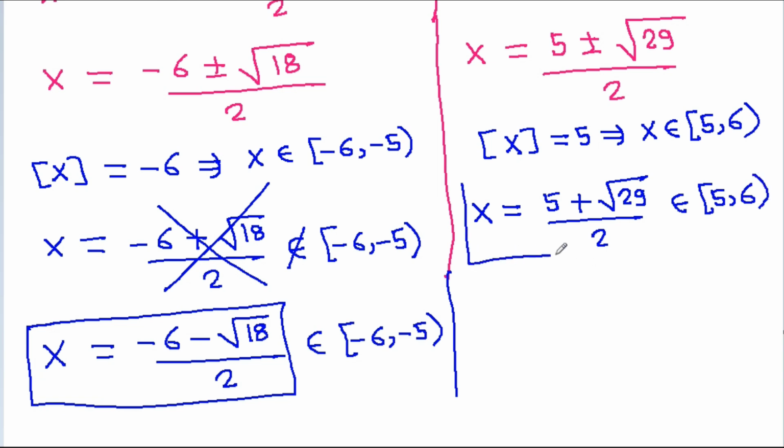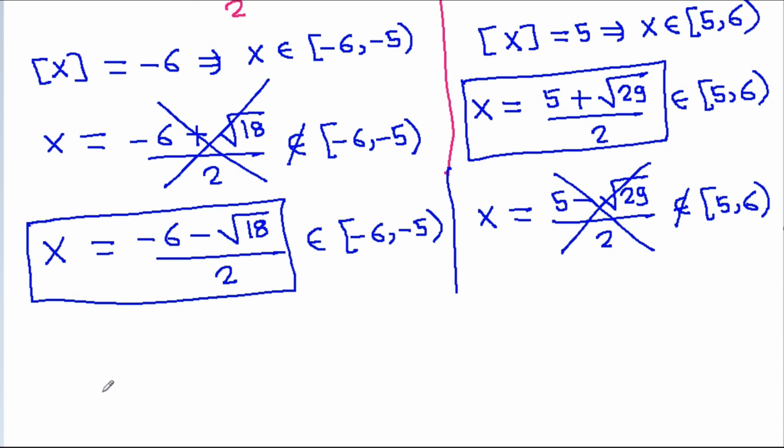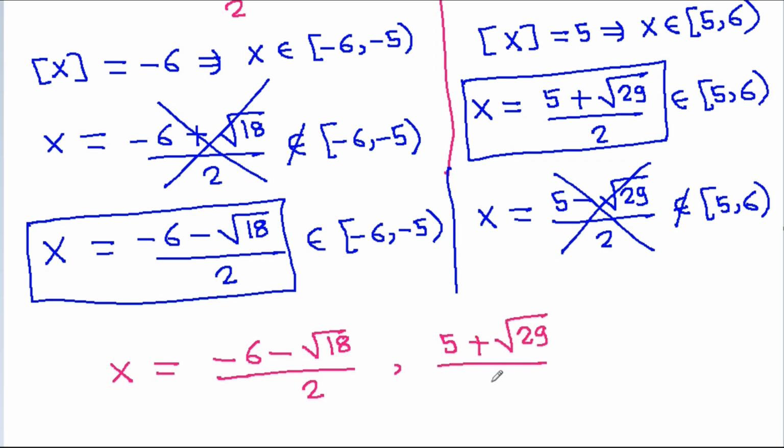So it is one value of x. And x equal to 5 minus square root of 29 by 2 will not belong from 5 to 6, so it is not possible. So we get x equal to minus 6 minus square root of 18 by 2, and 5 plus square root of 29 by 2. These are the two values of x.